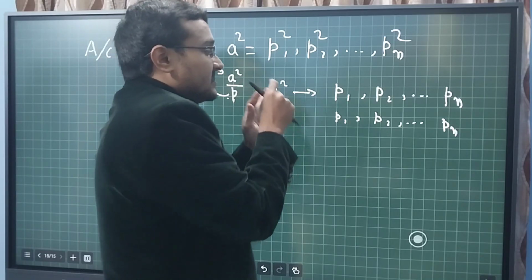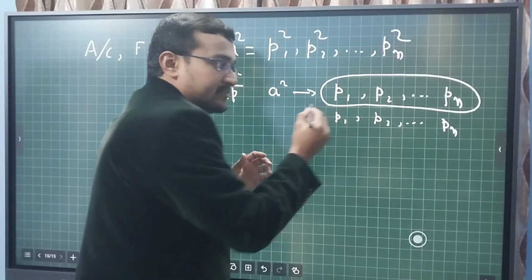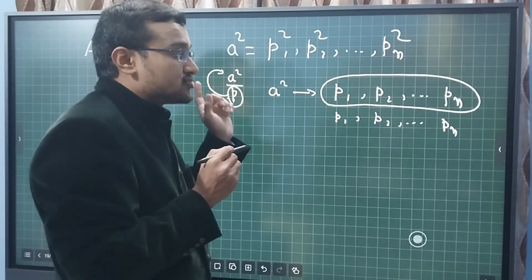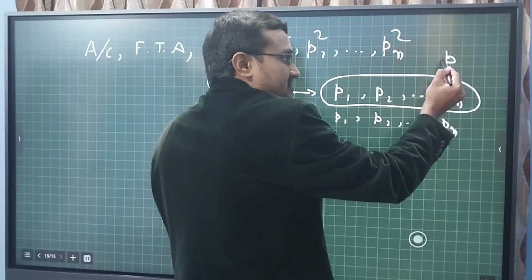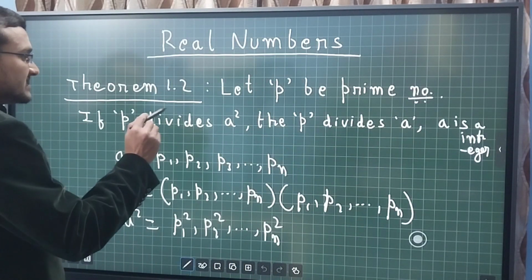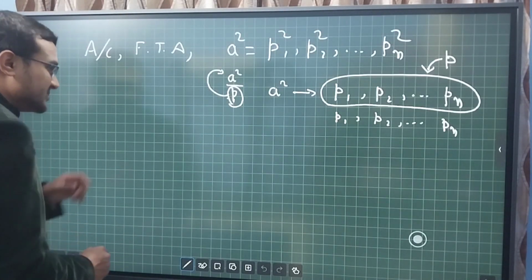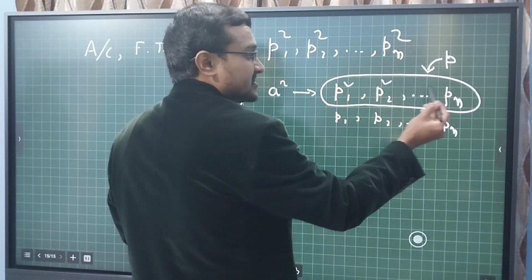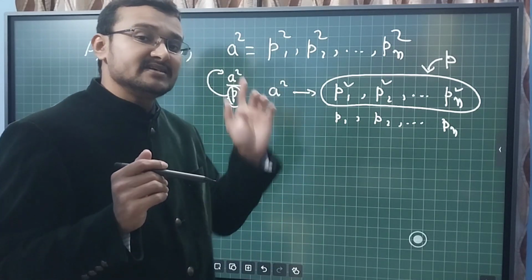P is also a prime factor of A square, so in this P1, P2 up to Pn, P is also there. If you look at the statement, P divides A square means P is also a prime factor. According to our assumption, P1, P2 up to Pn are the prime factors of A square, and in the question they have given that P is dividing A square.